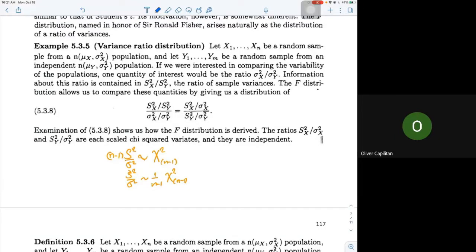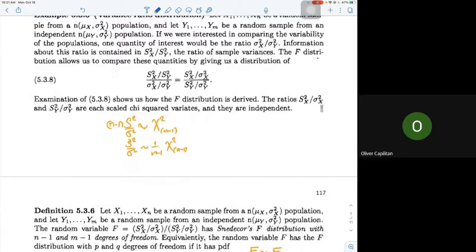The F distribution allows us to compare these quantities by giving us the distribution of this. So we have the ratio of the sample variances and the population variances.